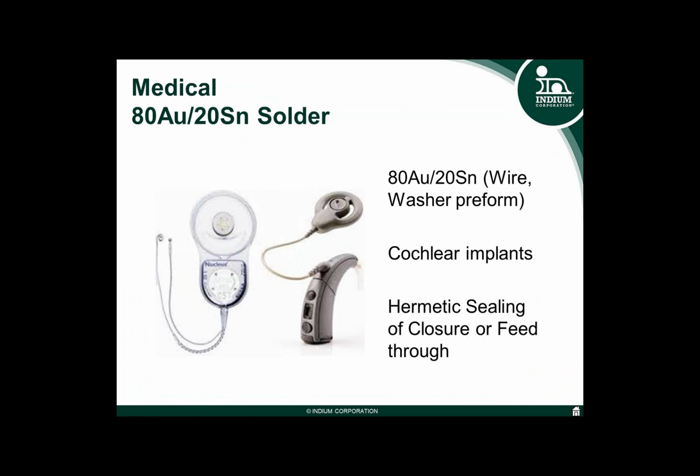Here, gold tin, but we're not using the gold tin here for a high temperature withstand. These are cochlear devices and implants, used to seal feed-throughs to allow the electronics to talk to the body but not interfere with any of the environments coming into contact with the electronics.